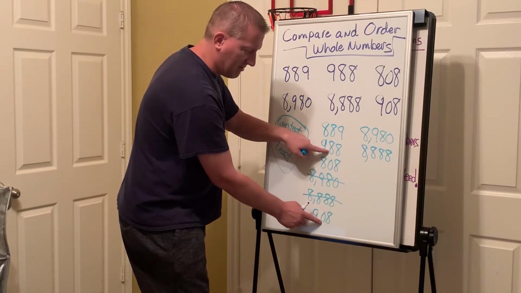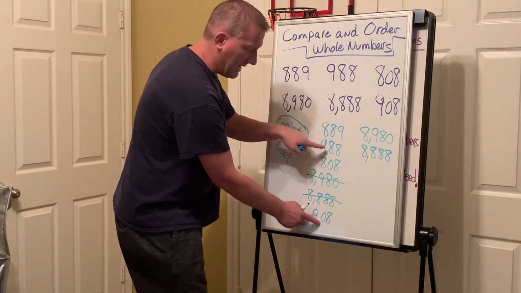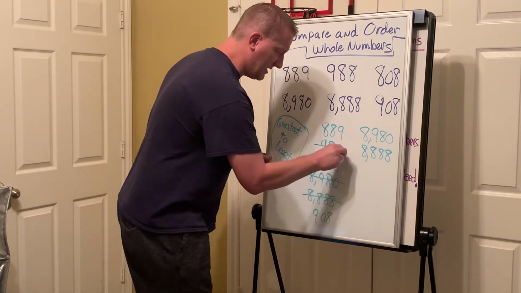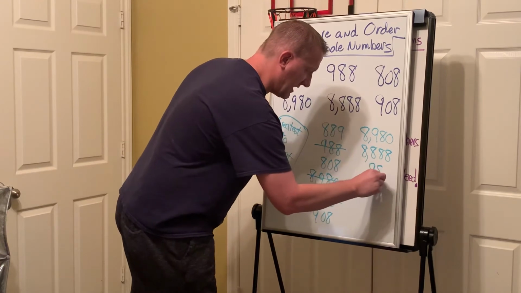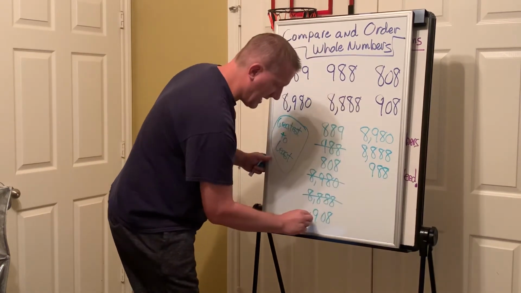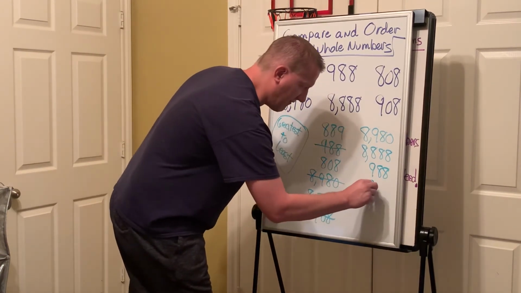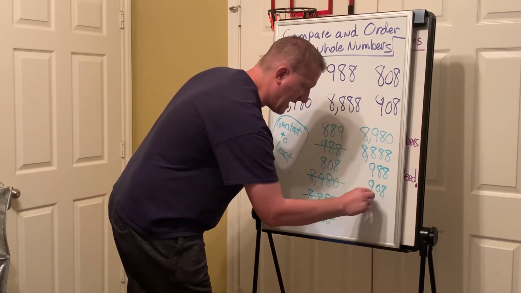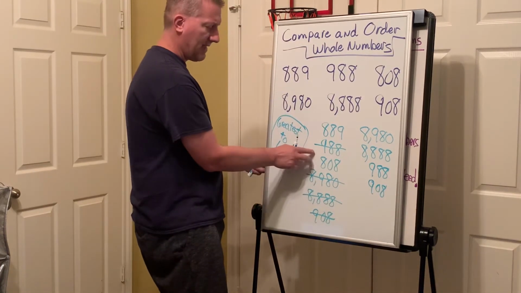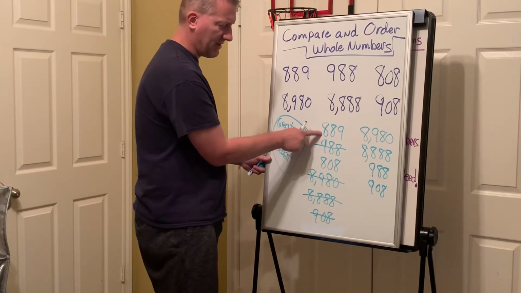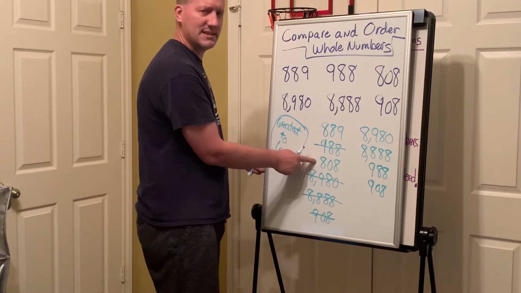This one's a 0. What's greater? 8 is greater, isn't it? So this one is going to be our next one, 988. And that'll make this one our 4th, 908. And then we have 2 in the hundreds place that have an 8.